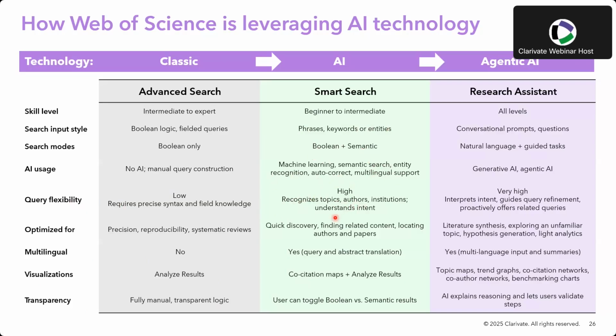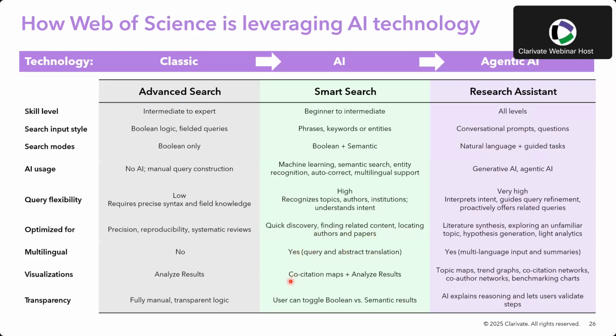It recognizes different entities, as I mentioned earlier, but also the intent of the user. This is quite good for quick discovery, finding related content that you might have missed based on the keywords that you use, for example, in the advanced search. And it's very useful when you want to locate quickly researchers and publications.